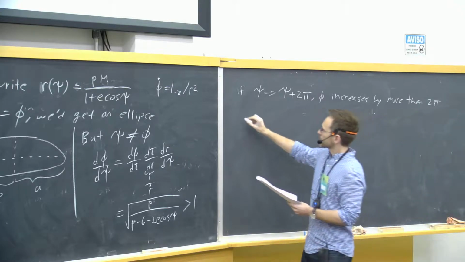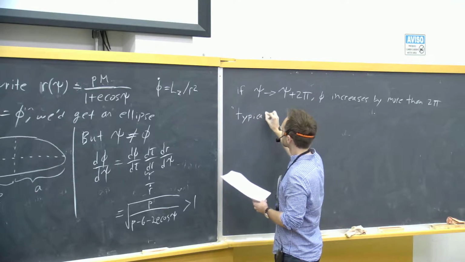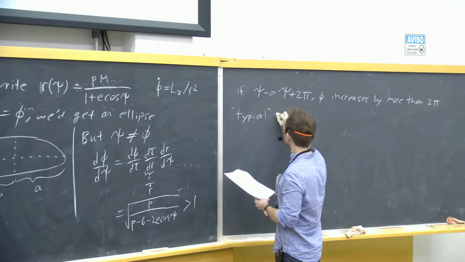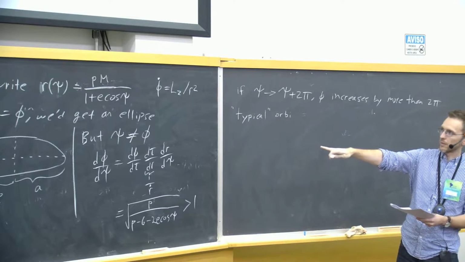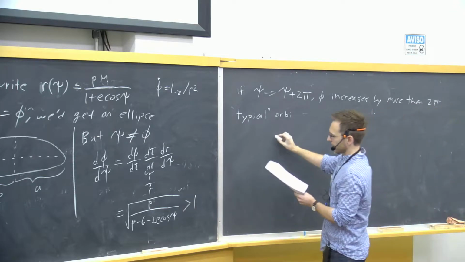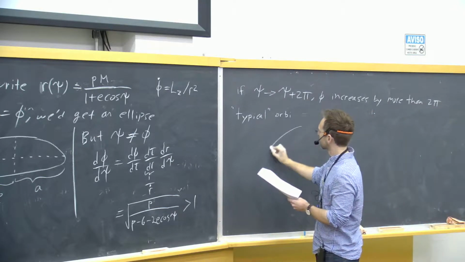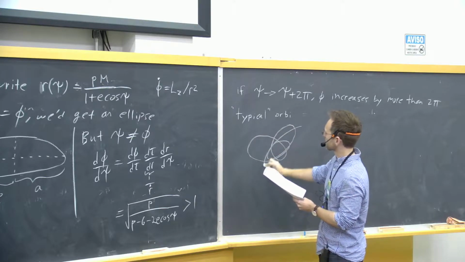So typically what you have is a precessing ellipse. So we don't have an ellipse like that. We have an ellipse that's precessing with time. So say something like this.